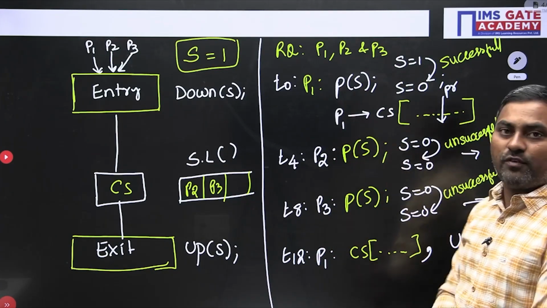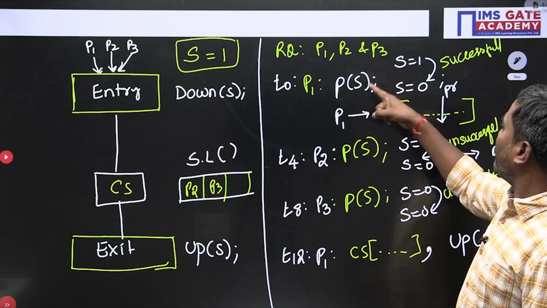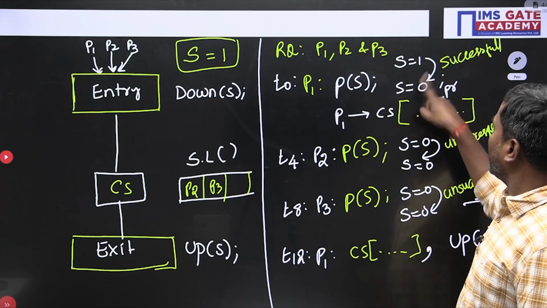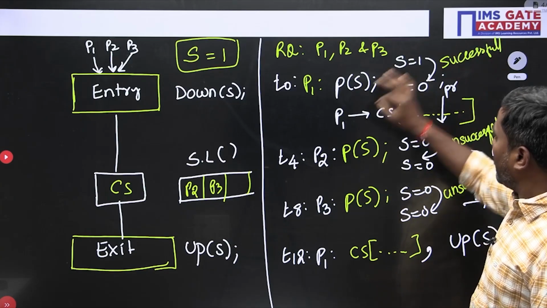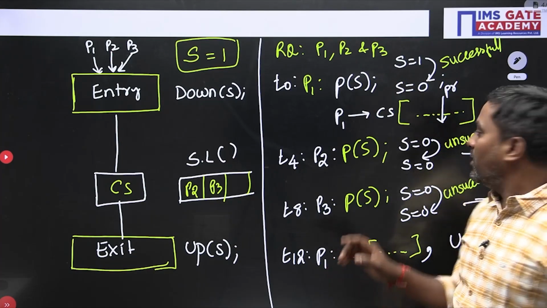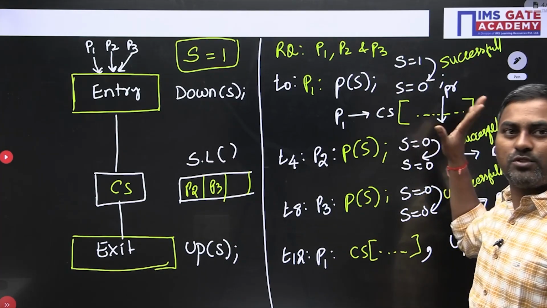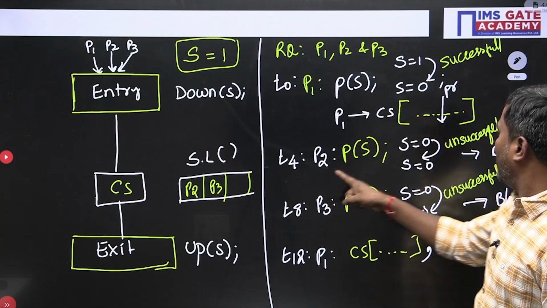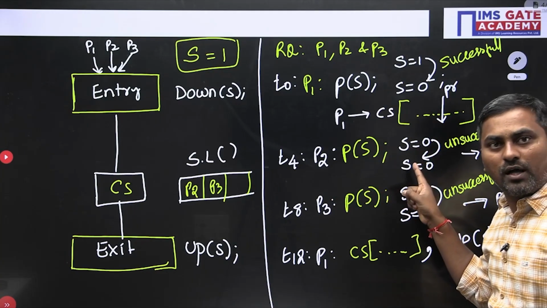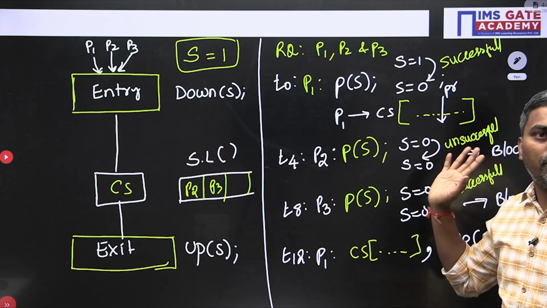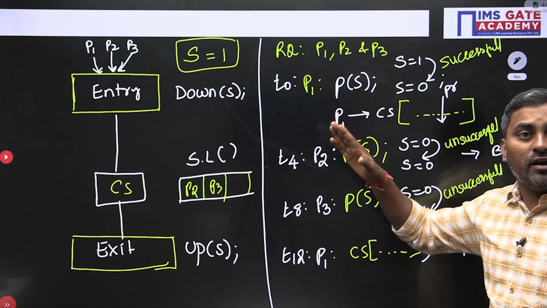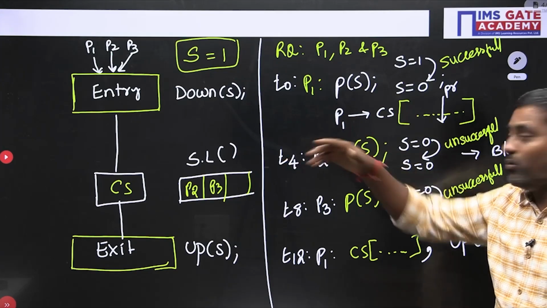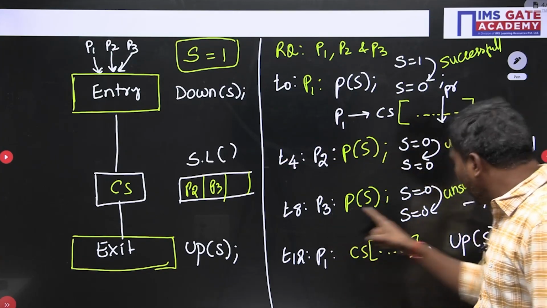Suppose P1 started first. It performs the down of S with S equal to 1, and it becomes S equal to 0. Successful operation. P1 entered the critical section. During its execution, preemption occurred, and P2 tried. S value 0, 0 down 0, unsuccessful. It got blocked, right? Now P1 is in the ready queue, and P2 got blocked, and P3 also got blocked.